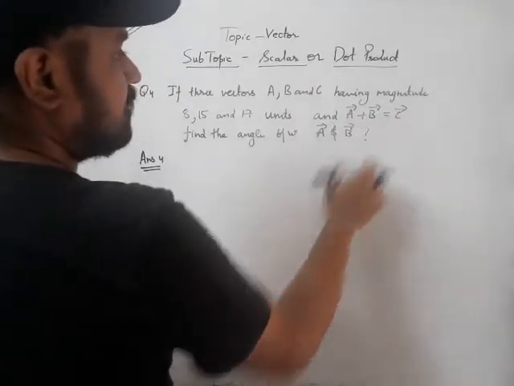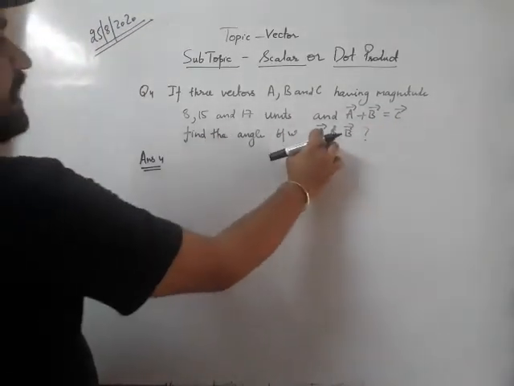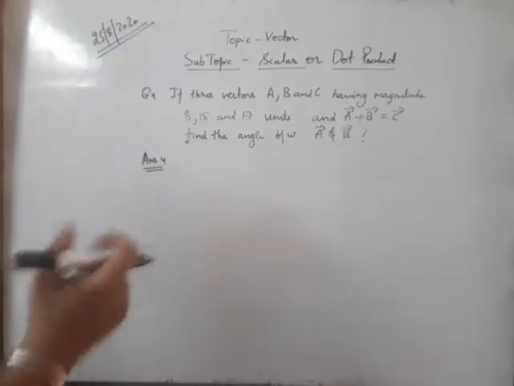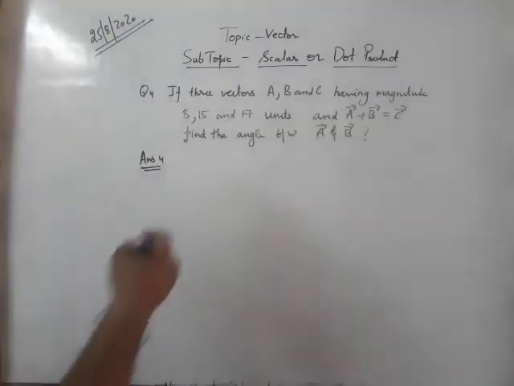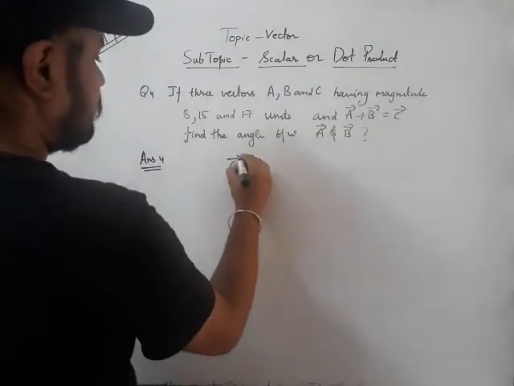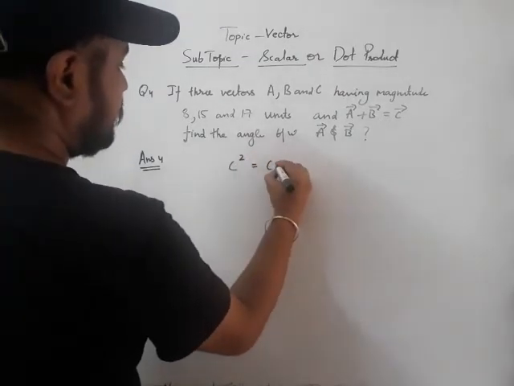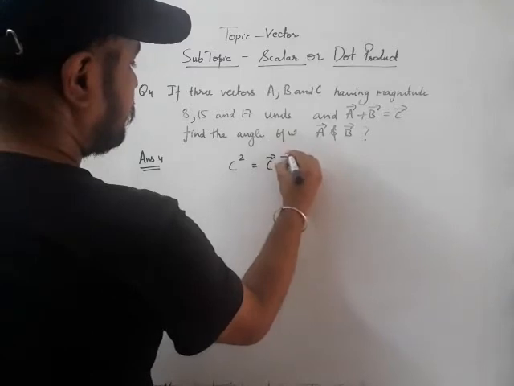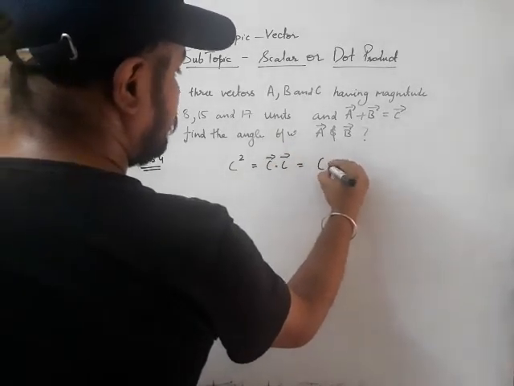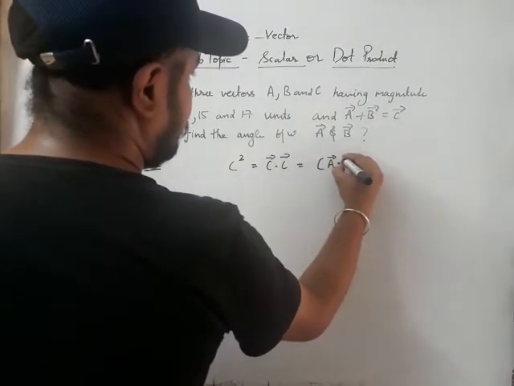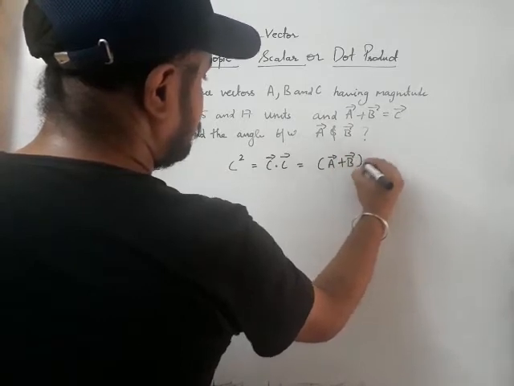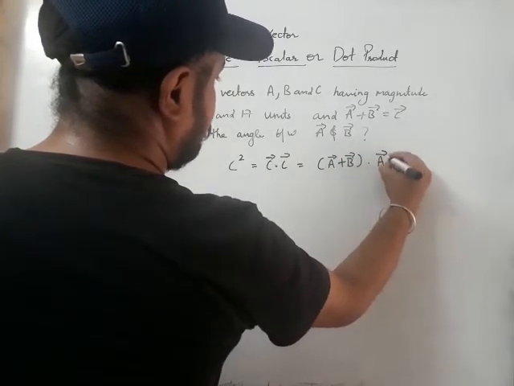A plus B is equal to C vector, and we have to find the angle between A and B vector. Now let us suppose we take C square over here. So C square will be equal to C dot C, which is further equal to A plus B dot A plus B.